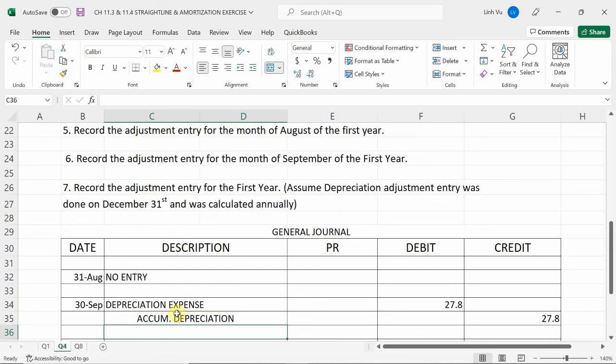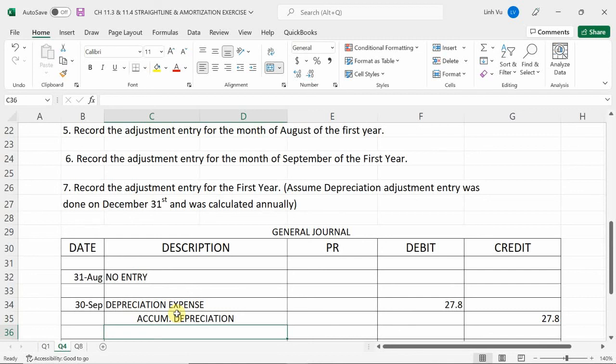Now, here's another question. Question number 7 says, record the adjustment entry for the first year, assuming that the depreciation adjustment entry was done at the end of the year, December 31st, and was calculated annually. So this isn't asking you a different question now, right?